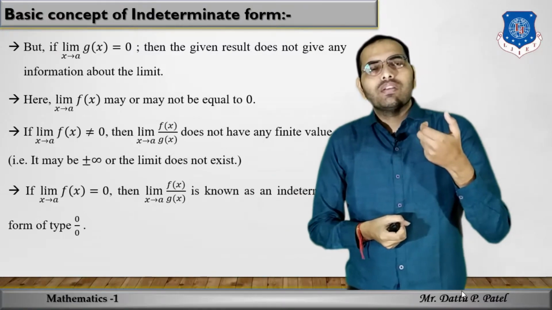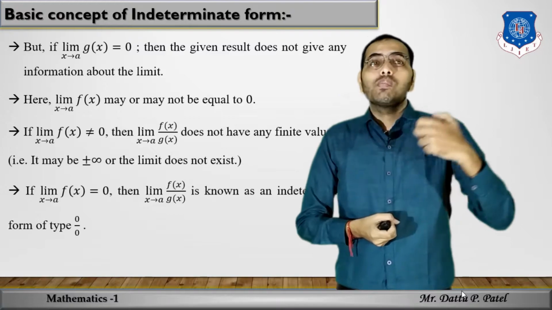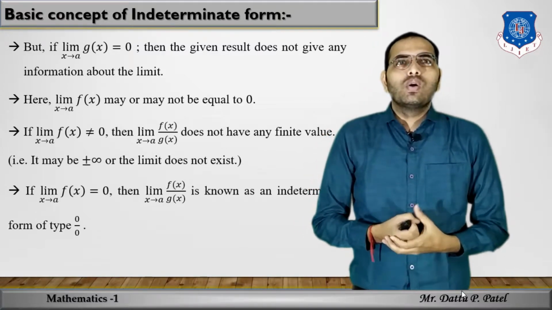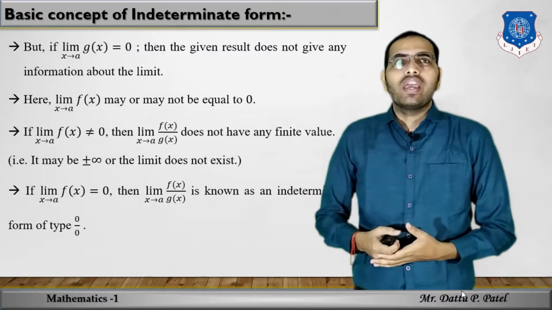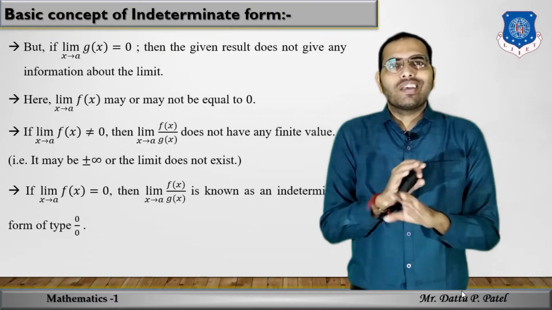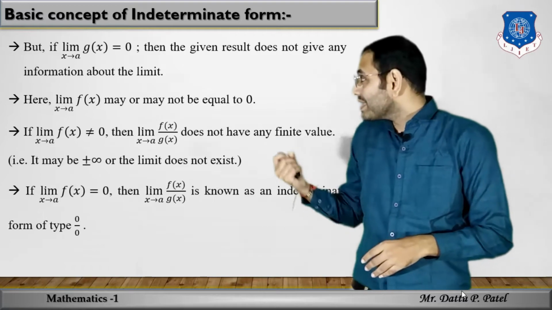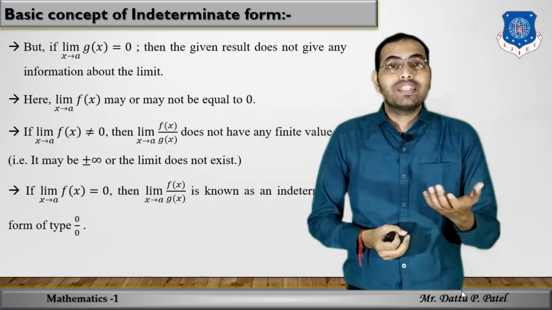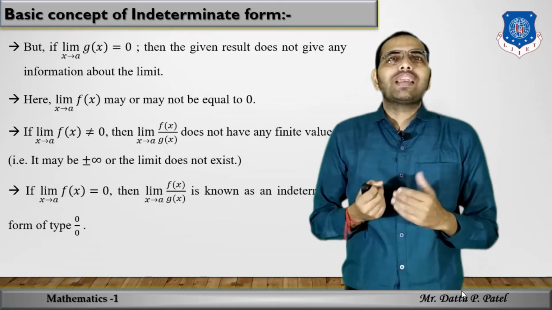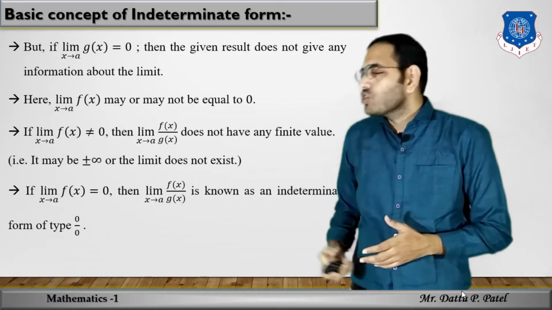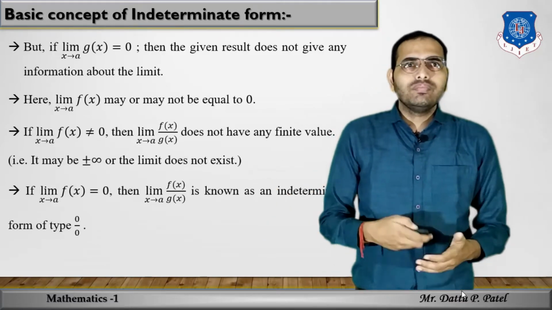Suppose the denominator portion is equal to 0 but the numerator portion is not equal to 0, then limit x tends to a f of x by g of x does not give any information about the limits, or it gives infinite values, meaning plus or minus infinite value. That means we can say that the limit does not exist.